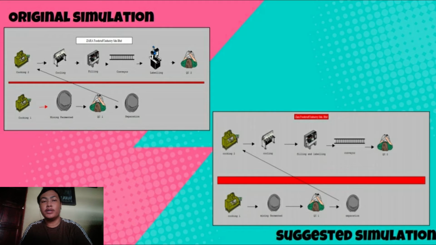After cooking two, it will be moved to the cooling process and filling process. For the conveyor, the company uses around 30 feet before it moves to the filling process and labeling process. After the labeling process, it will be moved to QC2 before the item goes to the exit.